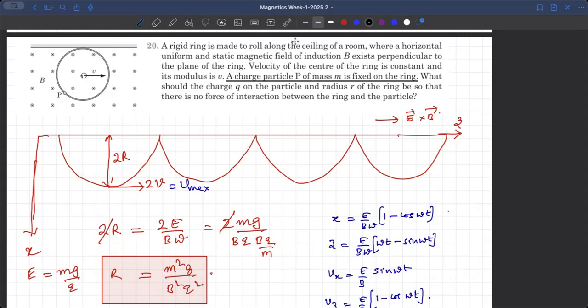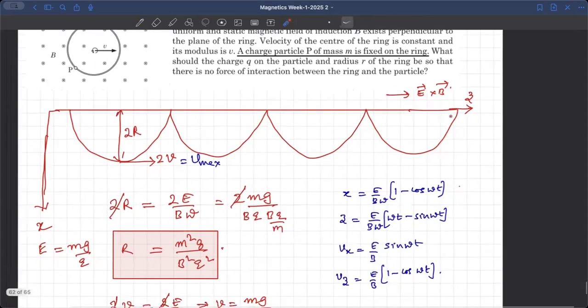Now, what is your problem? Remember, this is the E bar direction. This will be our traditional X. This is our traditional Z. No issues. Now, in the place of E, we have mg by q. When this is the E bar direction and this is an inward field, this will be the direction of E bar cross B bar. What do you want?